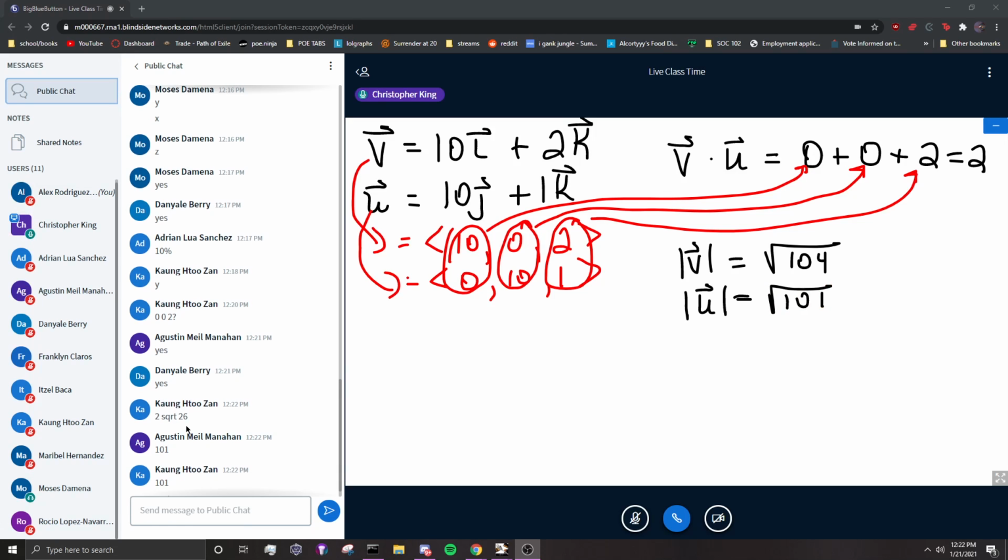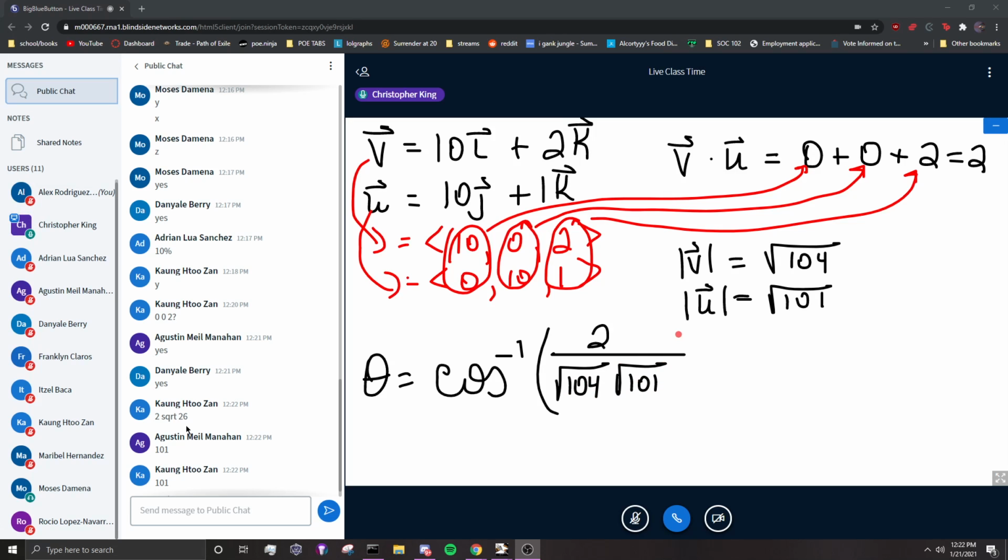Okay. So we know that theta is going to be the cosine inverse of the dot product, which we said was 2, over the magnitude of each. So square root of 104, square root of 101.